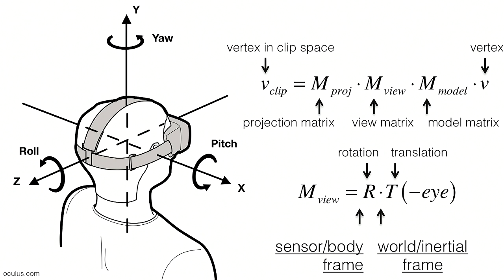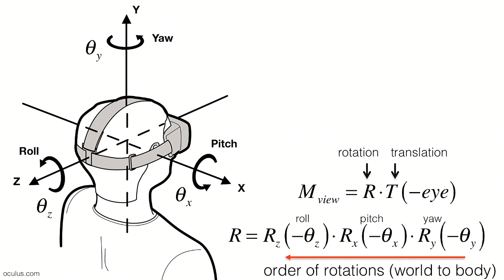So here's something very important. The world coordinates here are going to be on the right-hand side of the rotation matrix. As we apply the rotation matrix that we estimate from the IMU, we're going to be in the sensor or body frame. And as I said, we're going to be using Euler angles. Euler angles means we're going to have one angle per axis, so rotation around the x-axis, the y-axis, and the z-axis.